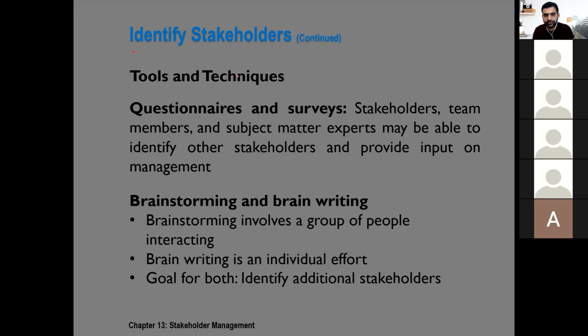You can identify the stakeholders, as I just mentioned, with the help of questionnaires and surveys, by conducting interviews with the key stakeholders, as a team sitting down, brainstorming, listing down all the stakeholders, or brainwriting, which is nothing but quiet writing.